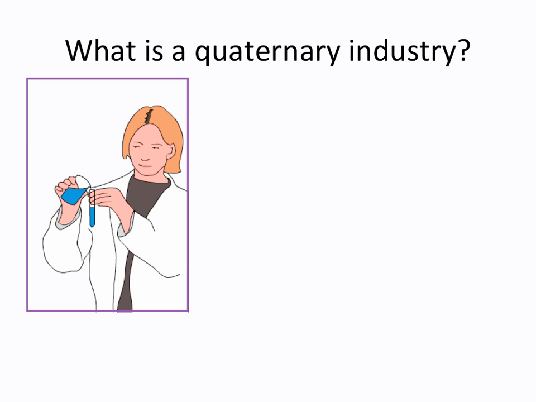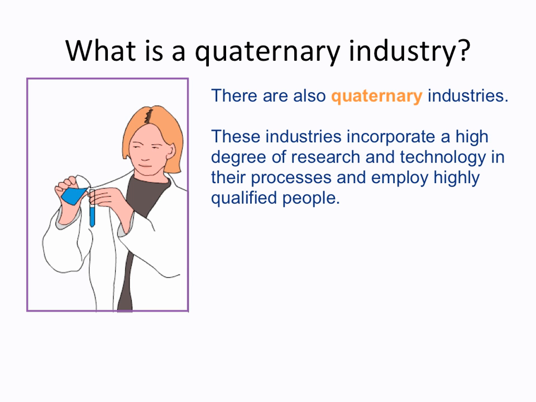But there is also a fourth sector, which is normally only seen in most economically developed countries, such as the UK, Germany and the USA. These tend to be high technology industries, where scientists and researchers investigate and develop new products, like new mobile phones.